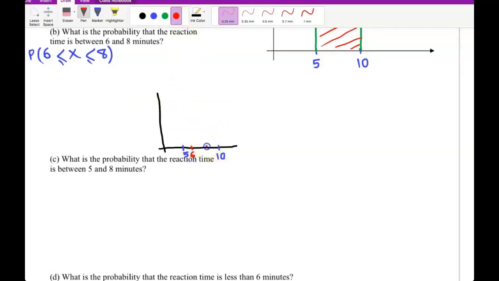So here is 6, and here we have 8. And again we have 1/5. So this part is not changing. So what we need to find is the probability for this part between 6, 8. So that is equal to, here is 1/5, and the difference between 6, 8 is 2. So 1/5 times 2 is 2/5.